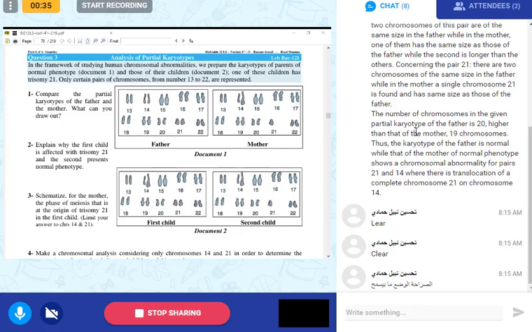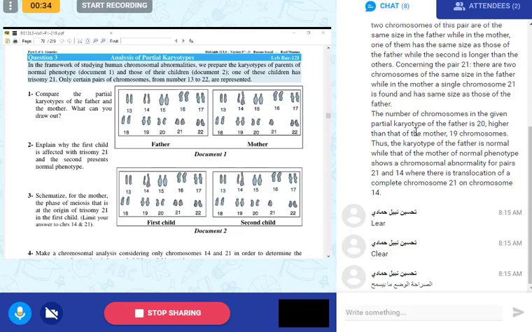Explain why the first child is affected with trisomy 21 and the second presents normal phenotype. Okay, why the first one has a trisomy 21 while the second one shows normal. Let's look at the second child karyotype, Maryam. It is the same as the mother karyotype.